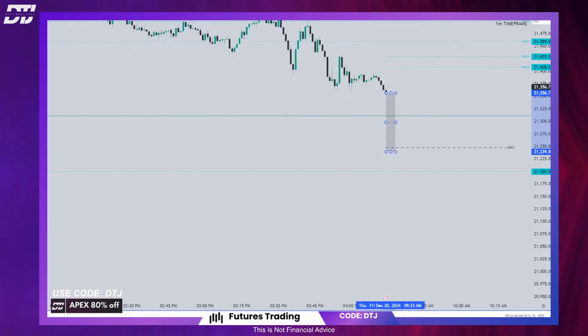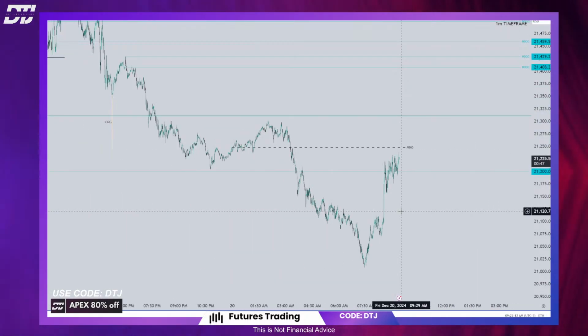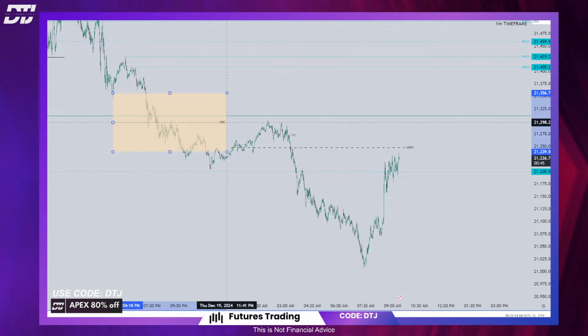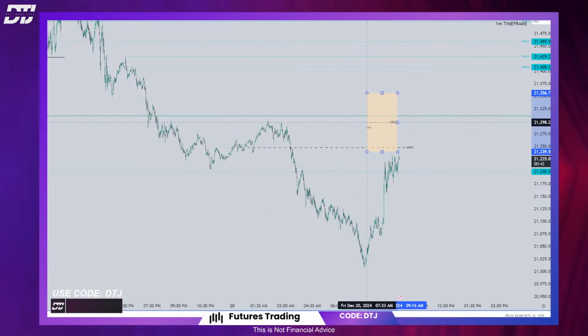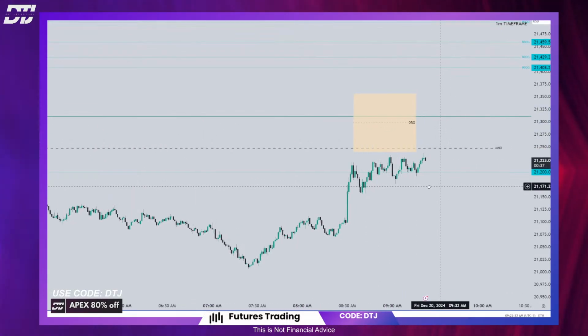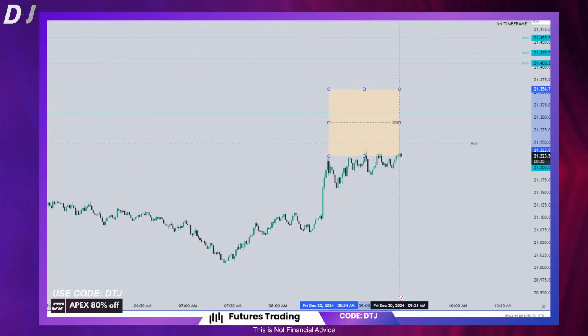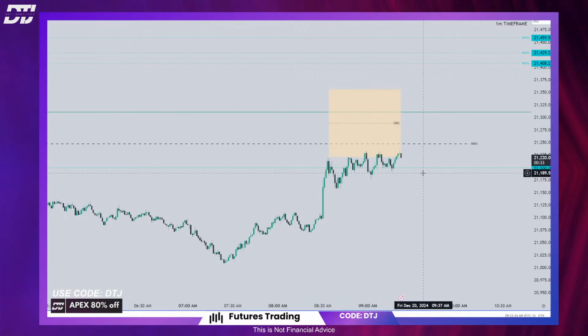We're going to drop our opening range gap. So that's going to be our opening range gap. We'll move this to be at the low at opening price.